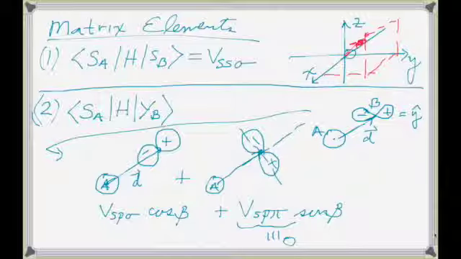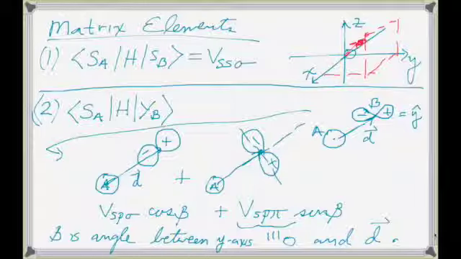So beta is the angle between the y-axis and d. And so just taking the dot product, which would project this p orbital onto d, would give me this cosine beta term.